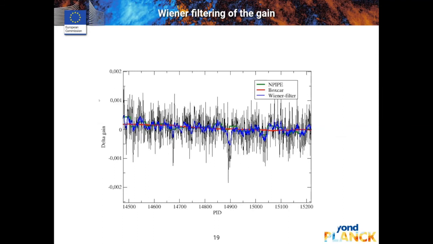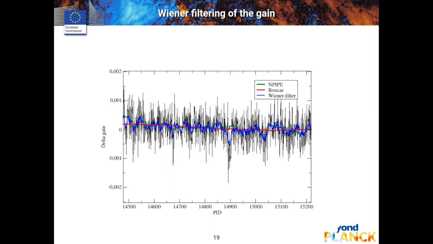And when we do that, we get stuff that looks like this, where the blue line is the Wiener filtered solution, and the red line is the boxcar average that we used before. And as you can see, the blue line here seems to follow the underlying variations in the gain much more closely than the boxcar.